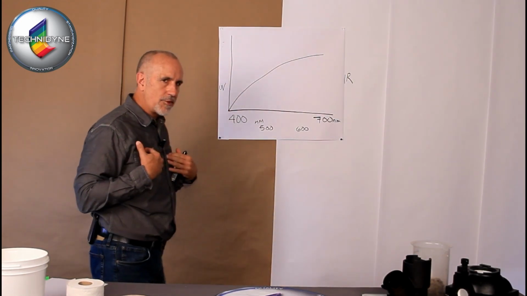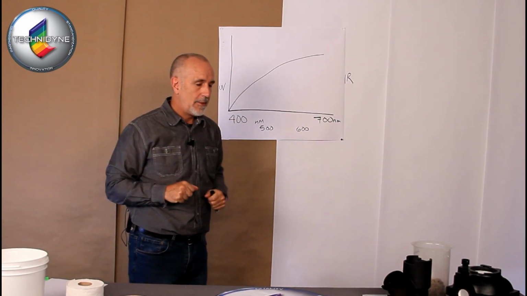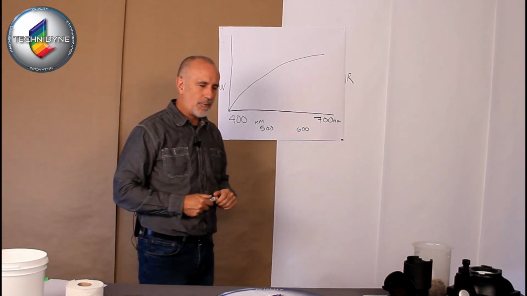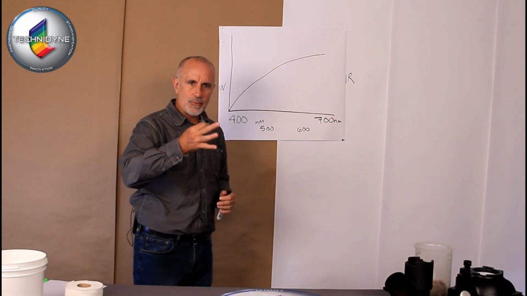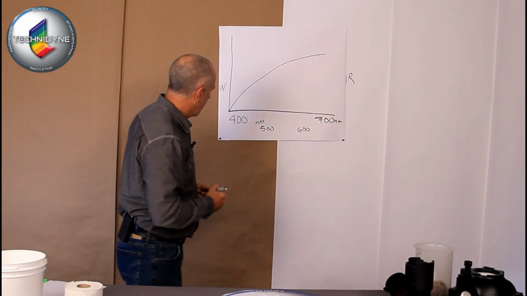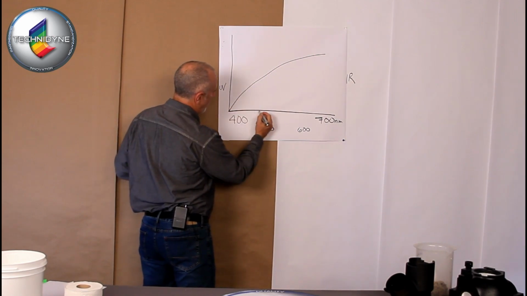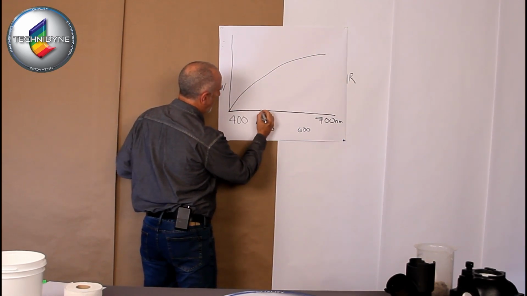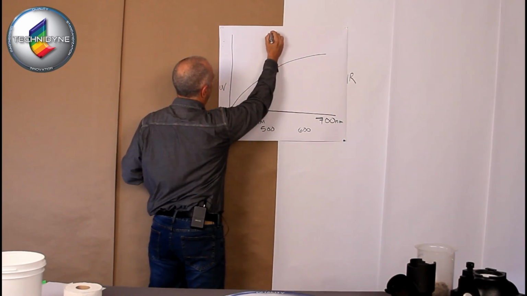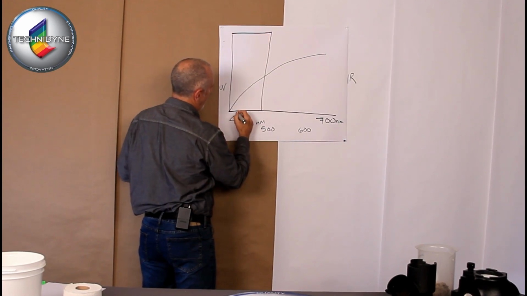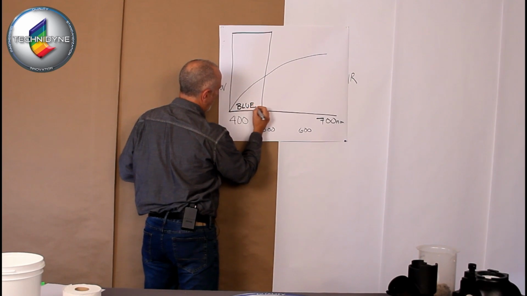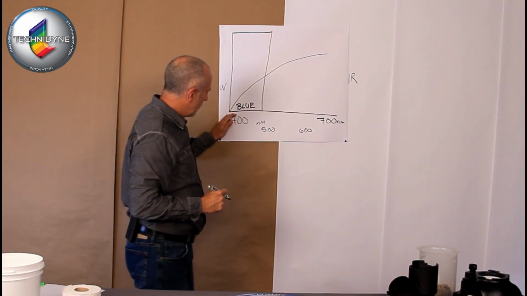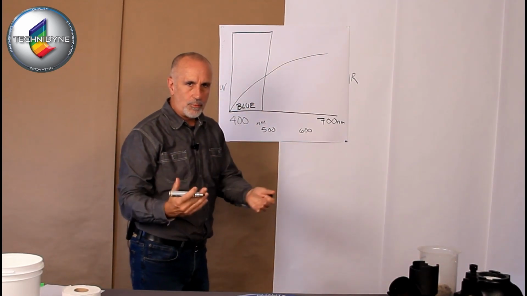So again, for the sake of our discussion, for our world in the pulp and paper industry, we're going to break the visible spectrum down into 3 sections. Okay, the first section is going to be from 400 to 500 nanometers. That'll be this section. And we're going to call that the blue light energy. Okay, so energy from 400 to 500 we're going to call blue light.